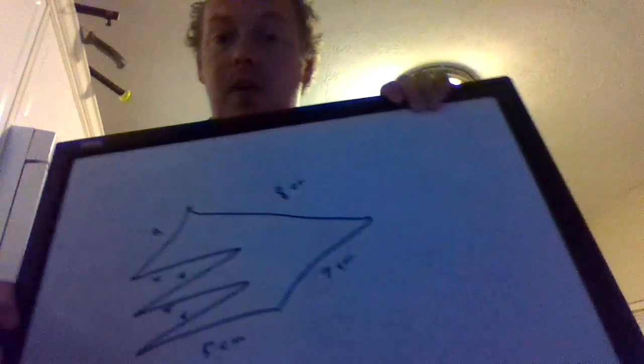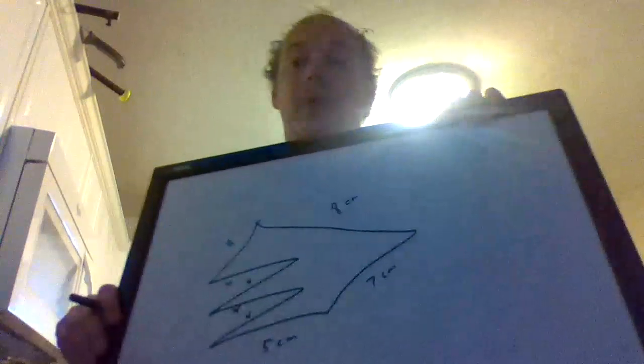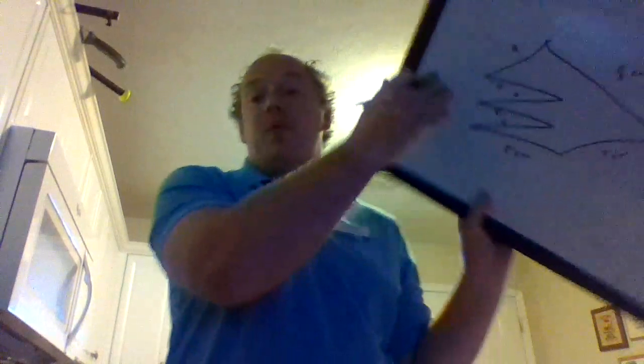So now we have every side labeled. Now the only thing we do with perimeter, just like we did with the square, the rectangle, and the triangle, is we add all these sides up.